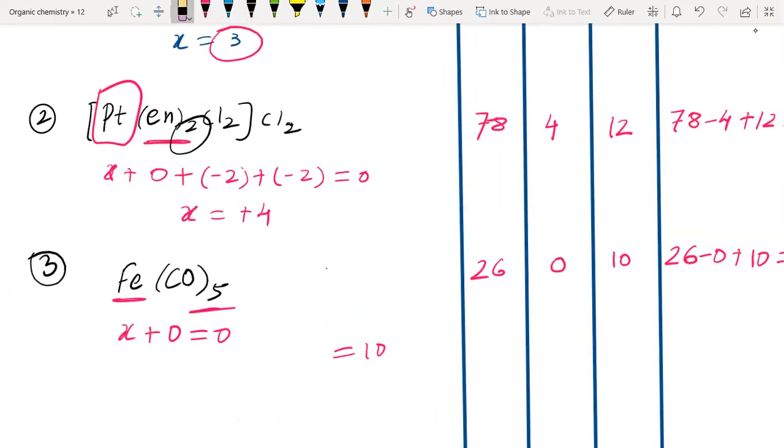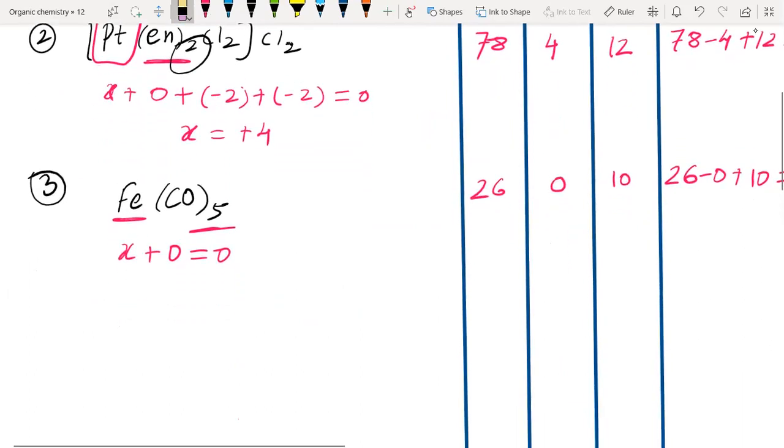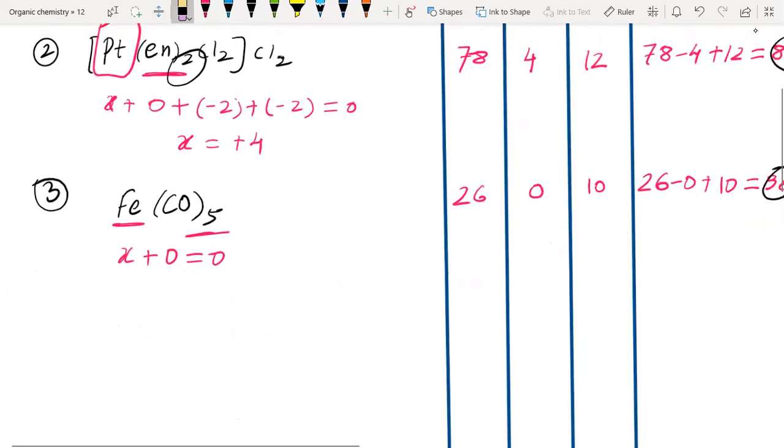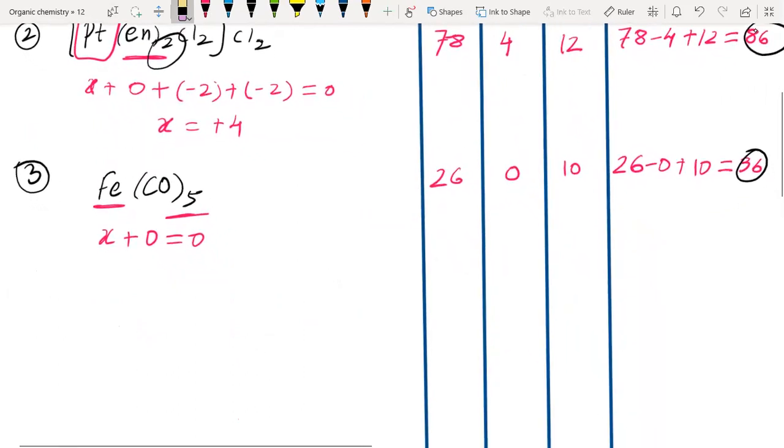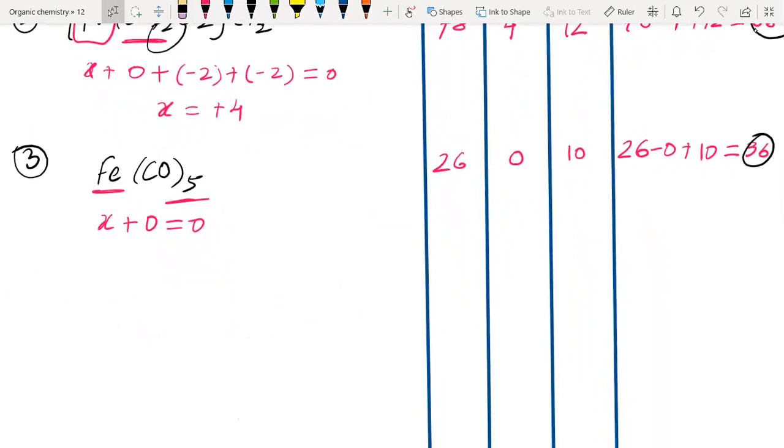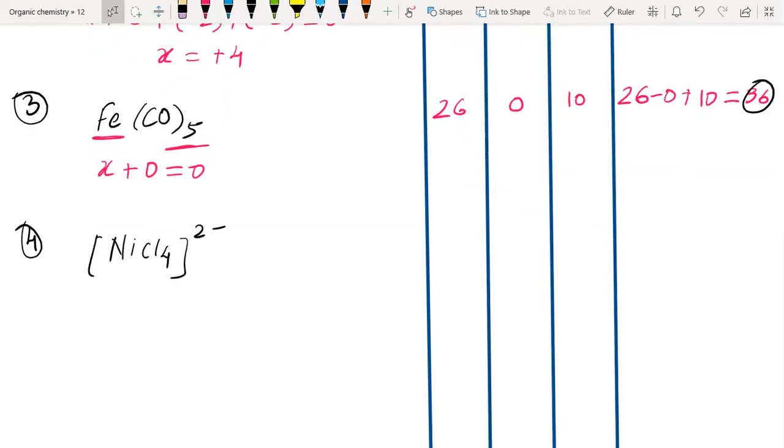So this is the way we do the calculation, but some complexes do not obey the EAN rule. So we'll see such complexes. For example, next we have the tetrachloronickelate(II) ion. How do we start?